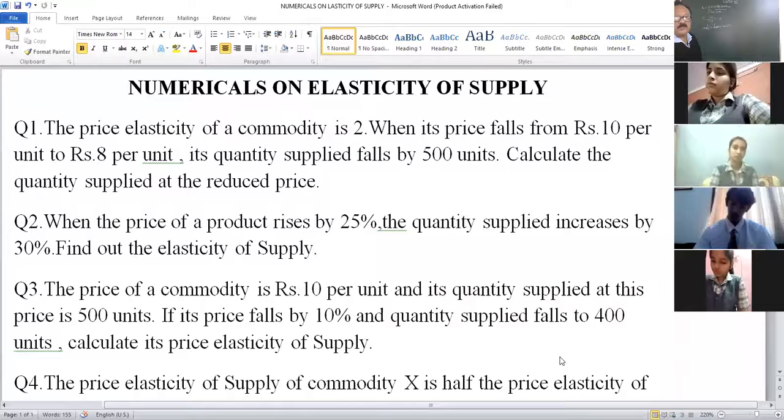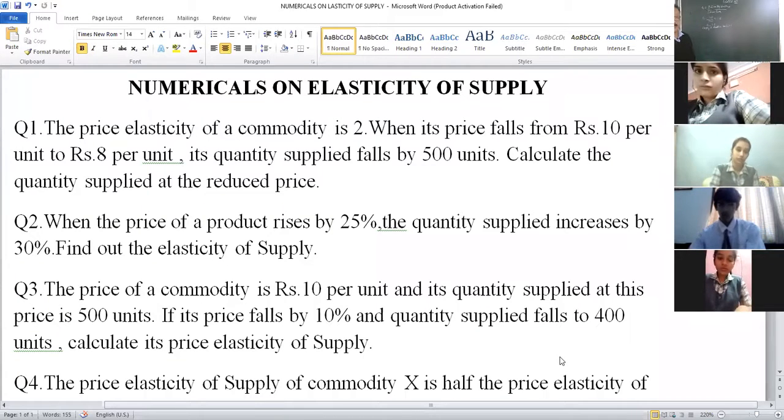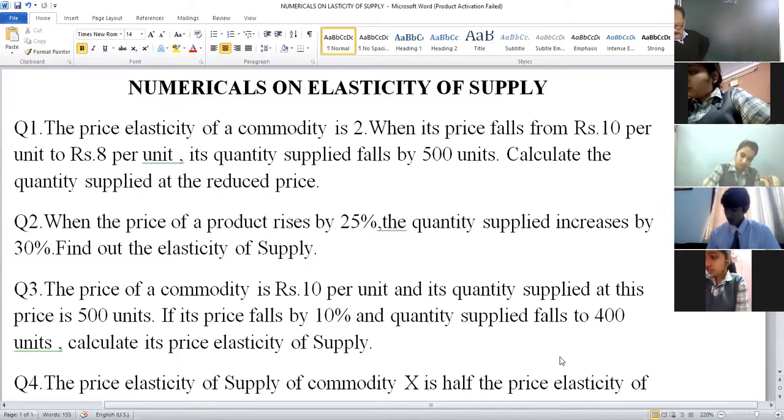Take down question number 3. The price of a commodity is rupees 10 per unit and its quantity supplied at this price is 500 units.